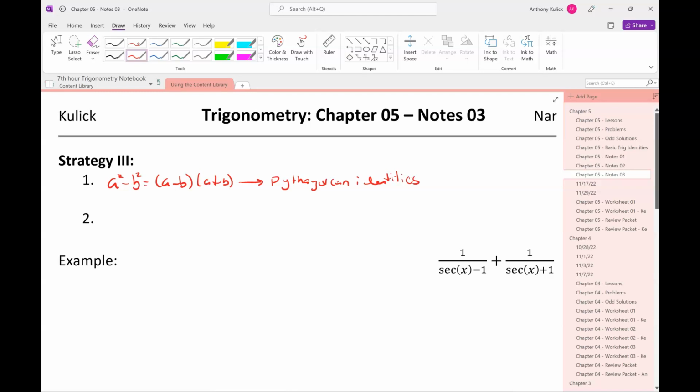And vice versa, I should say. Using the Pythagorean identity may unlock a difference of two squares factoring thing we can do. So those two often get paired together. That's nice to kind of have.